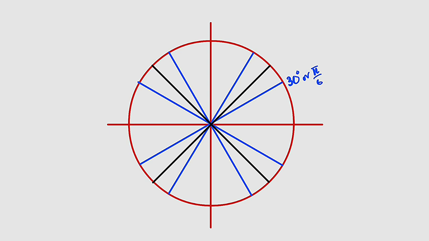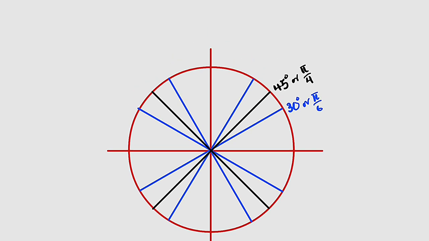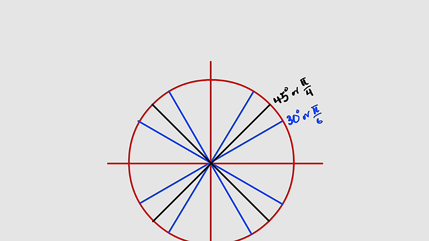So let me use black here. We have this to be 45 degrees, or pi divided by 4. Moving on, we have this angle to be 60 degrees. This is either 60 degrees or, in radians, pi divided by 3.